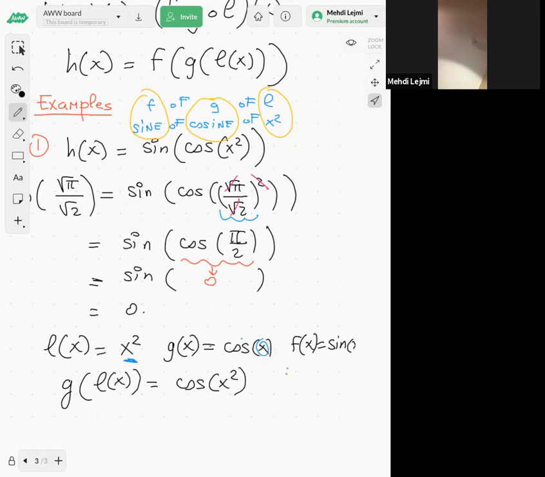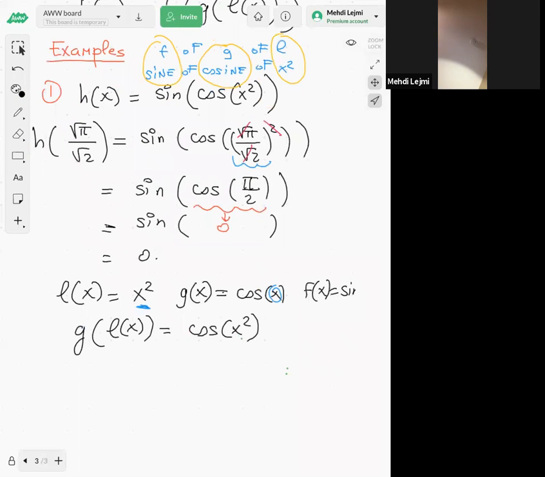Now, what's f of g of L of x? My f of x is just sine of x. Now, you want to compute f of g of L of x, so we need to substitute this x in here by g of L of x.